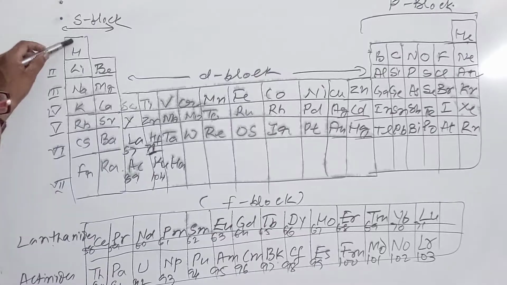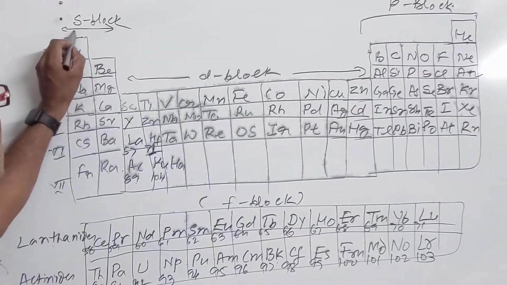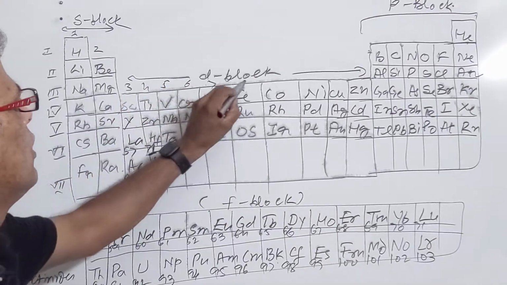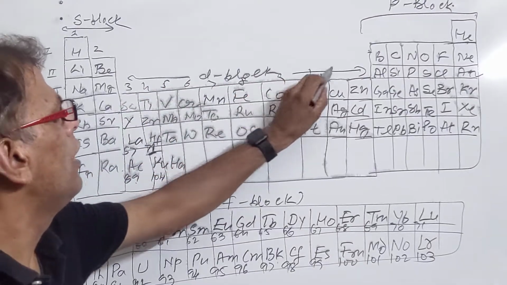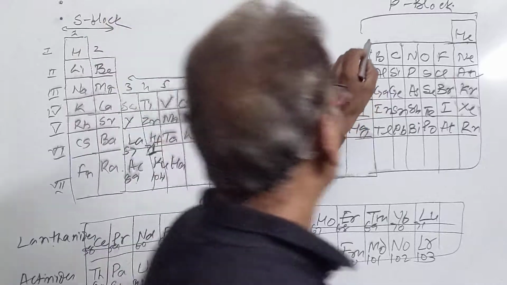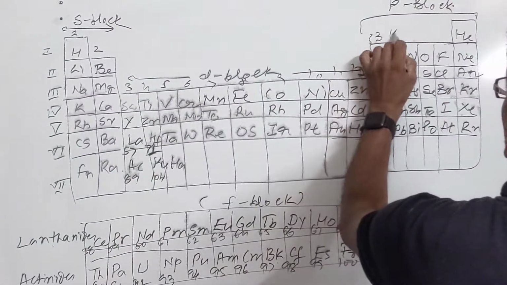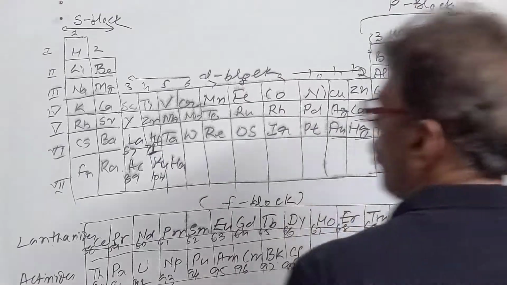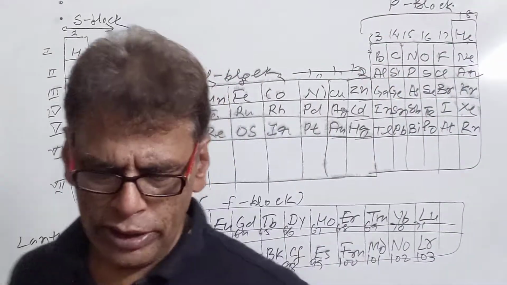This is called group number 1. They are numbered from 1 to 18: 2, 3, 4, 5, 6, 7, 8, 9, 10, 11, 12. This is group number 13, this is 14, 15, 16, 17. So we have 18 groups in the long form of the periodic table.